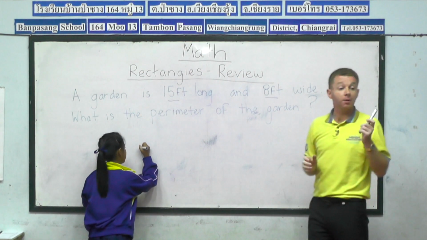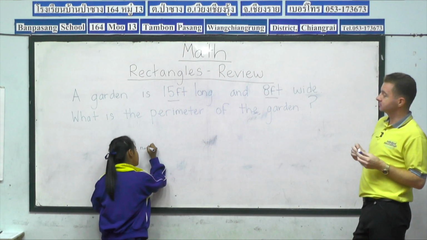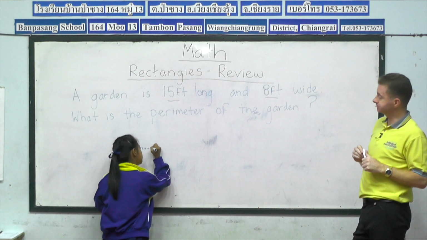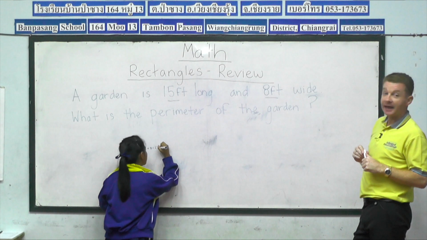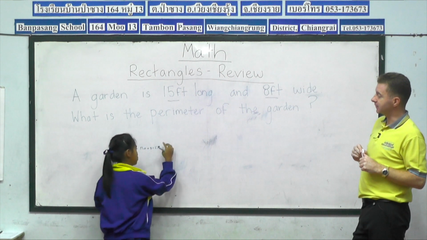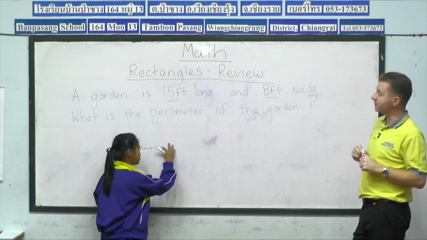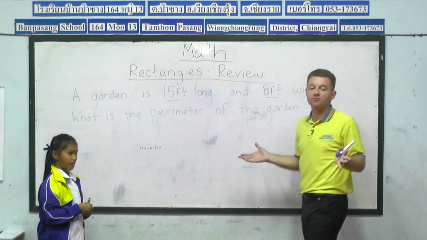15 foot plus 8 foot equals 23 foot. Okay, is that the perimeter, or do we have to do something else?